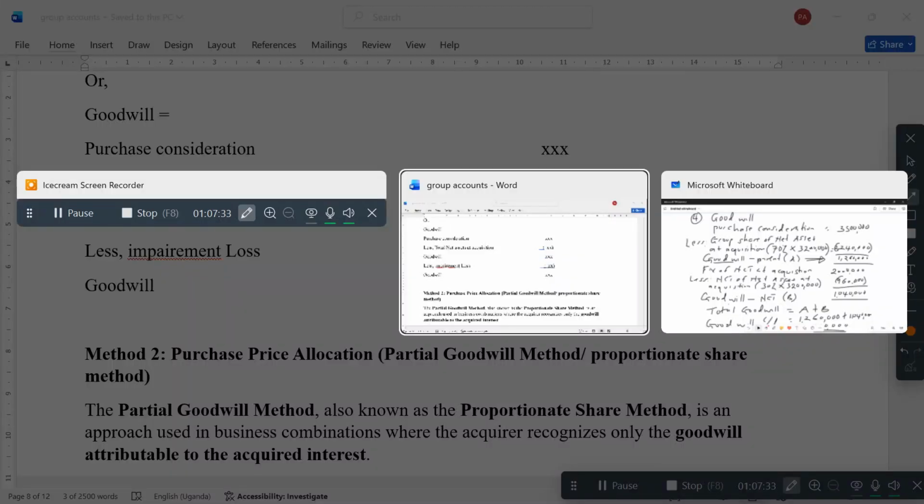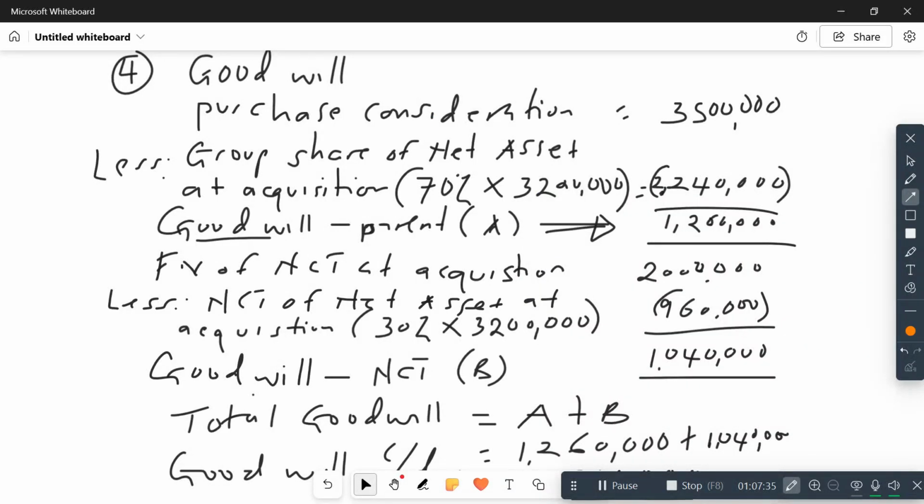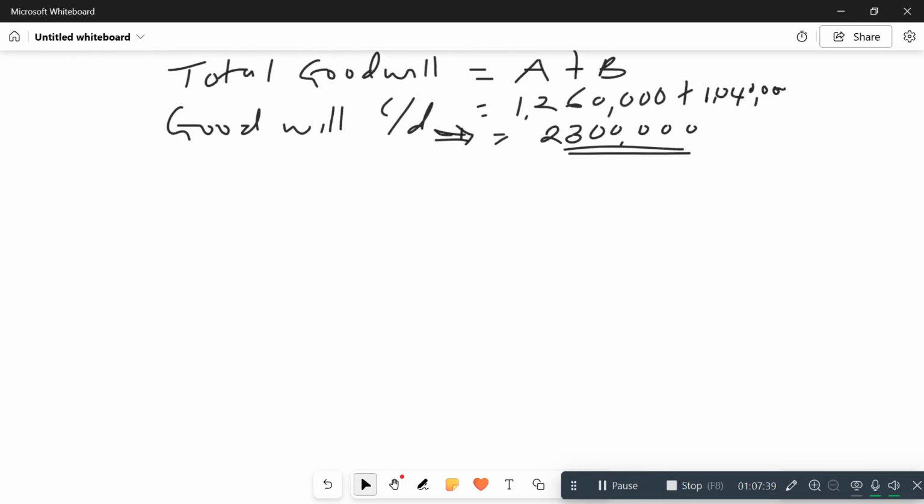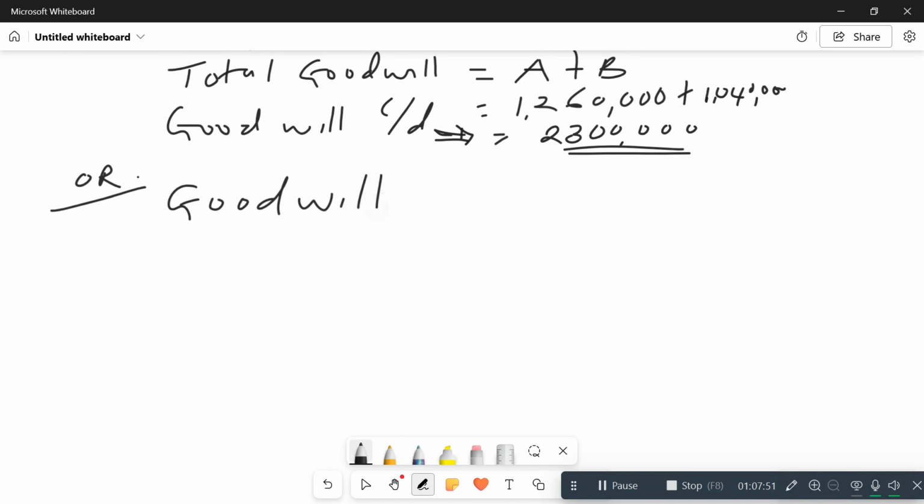So here we can decide to use another way. Method 2. Here all goodwill can be determined. We can start with purchase consideration.